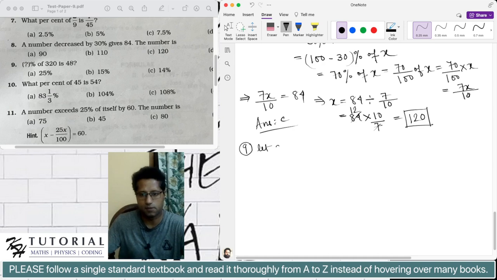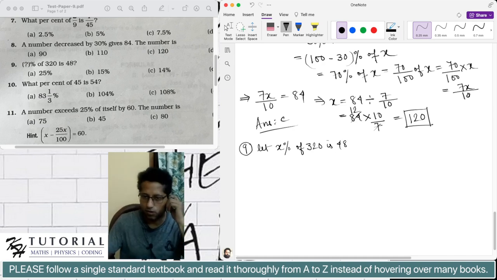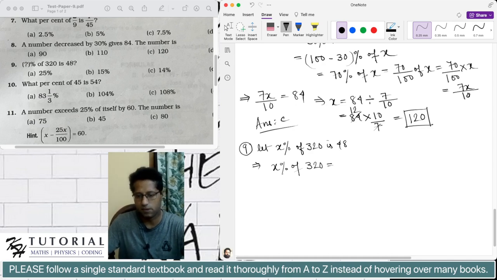So let x percent, we have to find x, let x percent of 320 is 48. Now this is a word statement. Mathematically this will mean that x percent of 320 is equal, means equal to, 48.